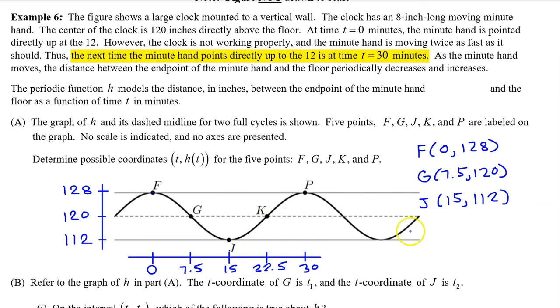Point K is at (22.5, 120). And point P is at (30, 128). So that's it for Part A.